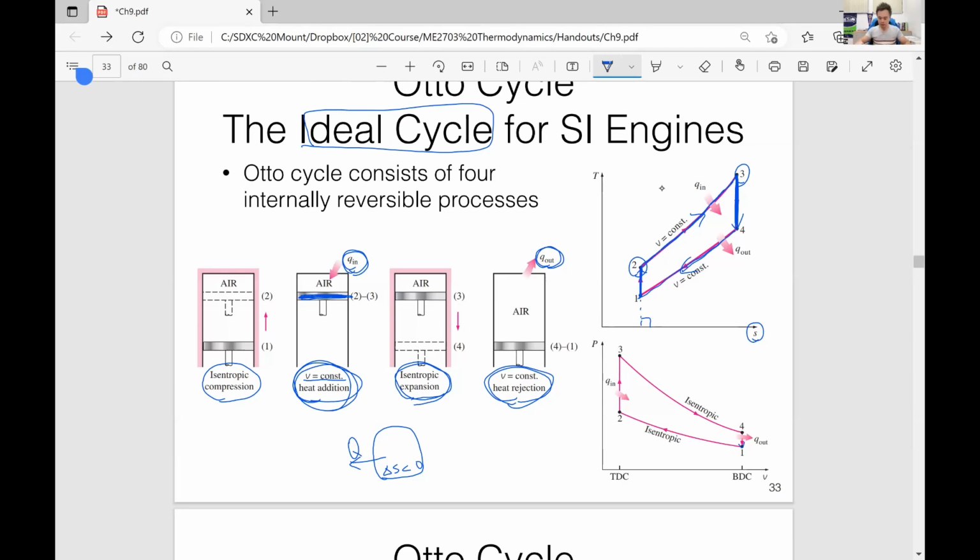So again, you need to know how to make a TS diagram and a PV diagram for every cycle we are talking about, including the Otto cycle. And later we will talk about the diesel cycle, then the Brayton cycle.